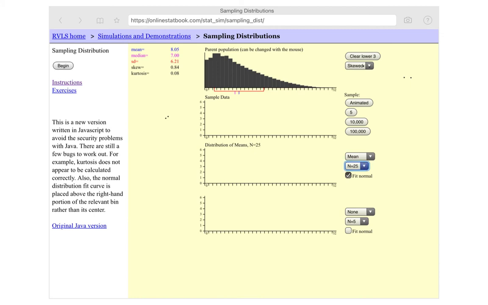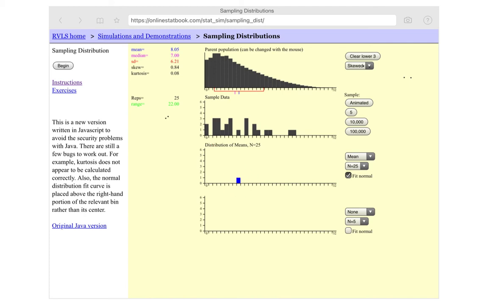Again, I'll just animate one of these and then do a whole bunch of others. So if we do a sample of 25, here is our 25 being drawn here. You can see that there's more points being drawn from the lower end of the distribution than the higher end, and we take the average of those and we put that point there.